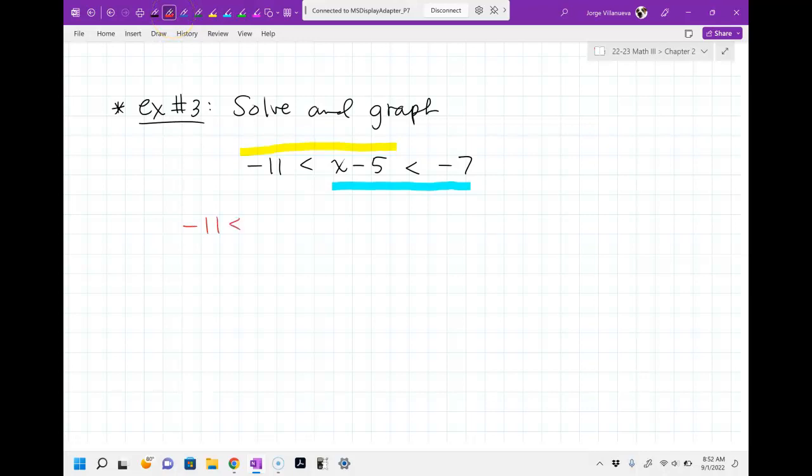Negative 11 less than x minus 5 and x minus 5 less than negative 7. So I have those two things with the and problem.